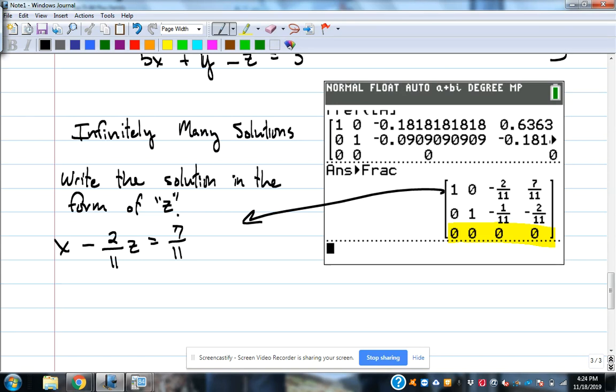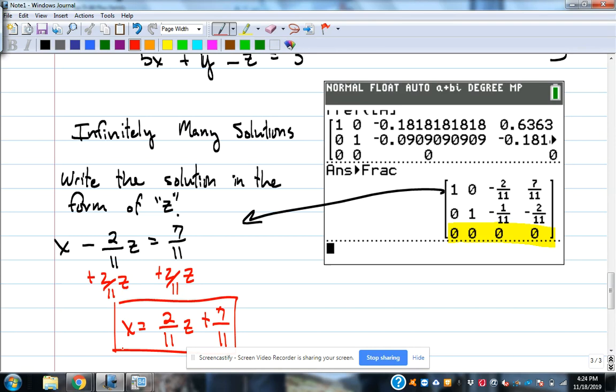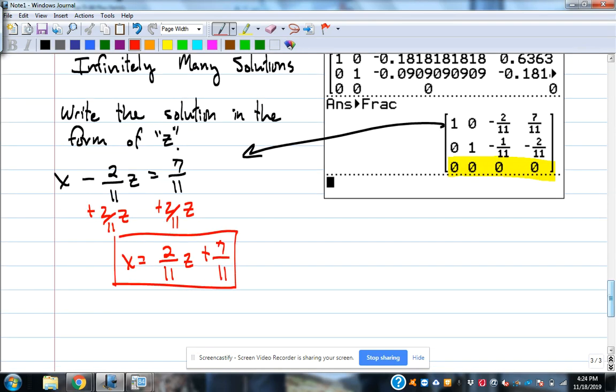I can get x by itself really easily, right? I would just add 2 over 11z. And that gives me x equals 2 over 11z plus 7 over 11. That gets me x by itself and in the form of z because there's no other letters on that side other than z.